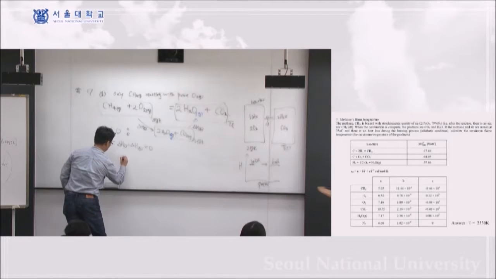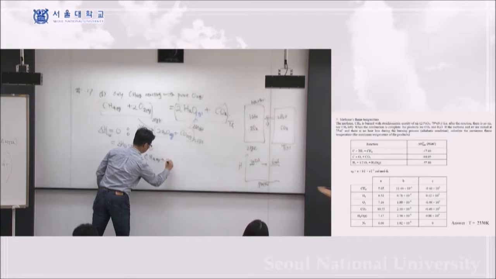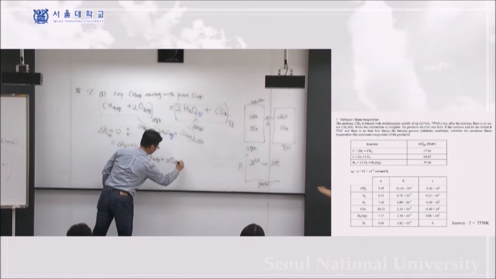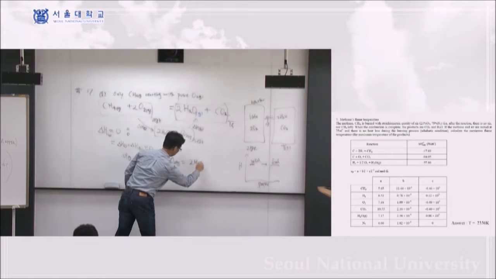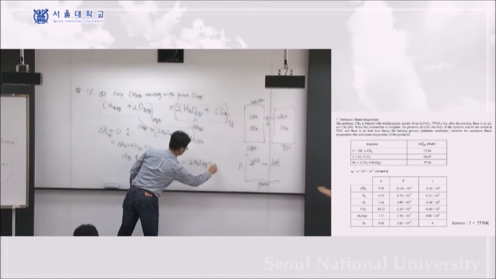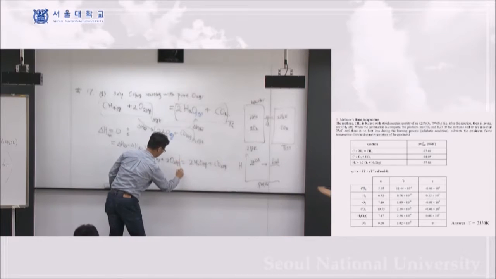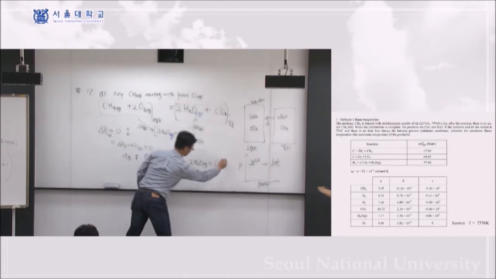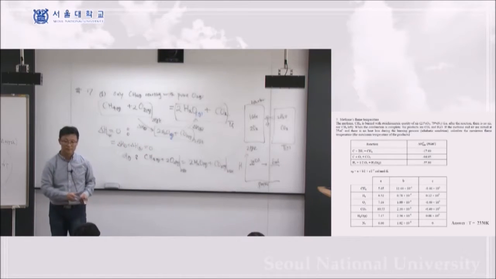So delta H1, I want to calculate: CH4 gas phase plus O2 gas phase become 2 moles of H2O gas phase plus CO2 gas phase, at the same temperature, 298 Kelvin. I'm going to calculate this delta H1.